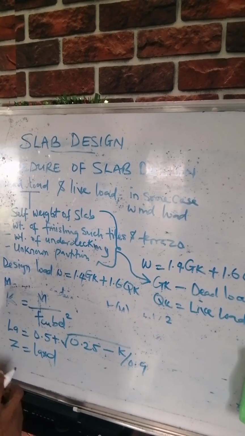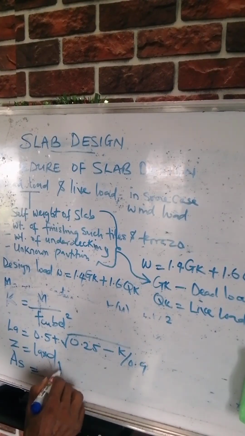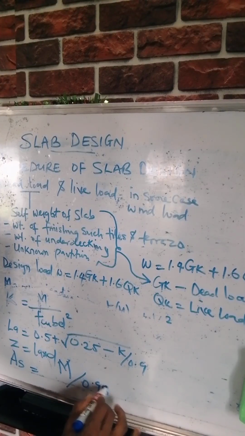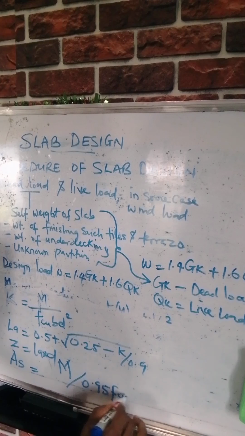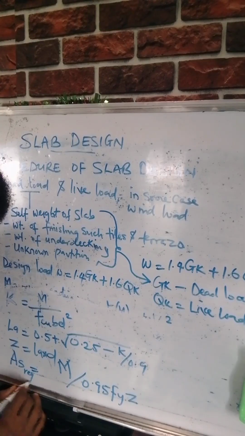Okay, now from here you look for the area of steel, and your area of steel is your moment divided by 0.95 FYZ. Okay, now this becomes your AS required.